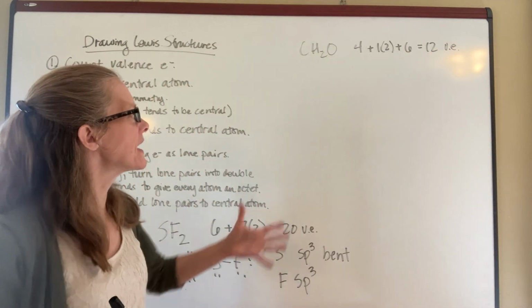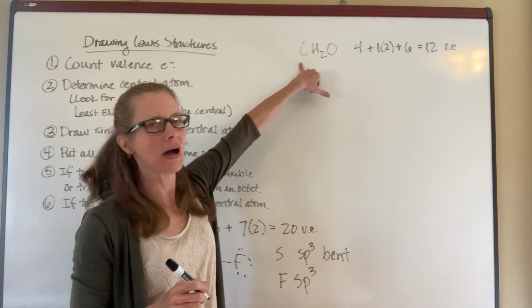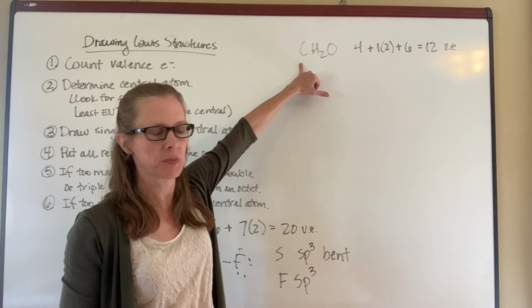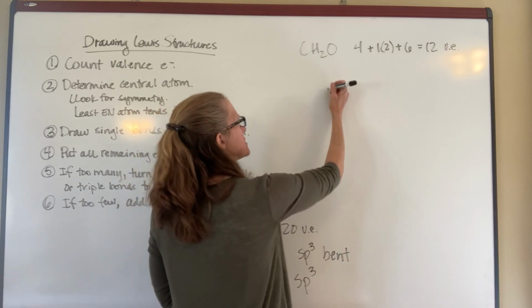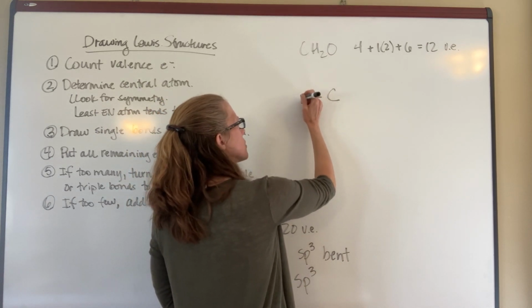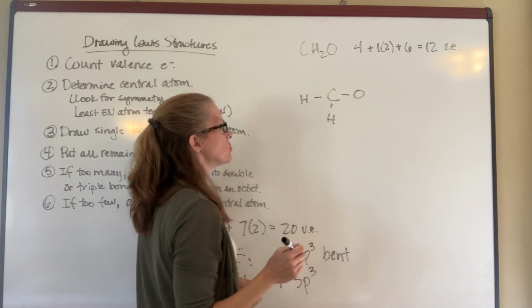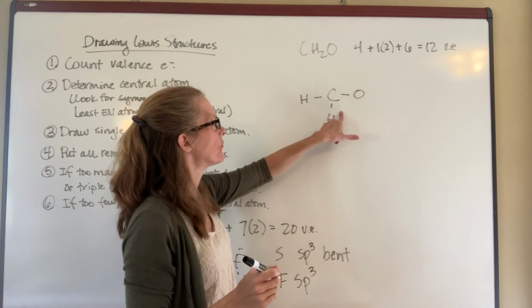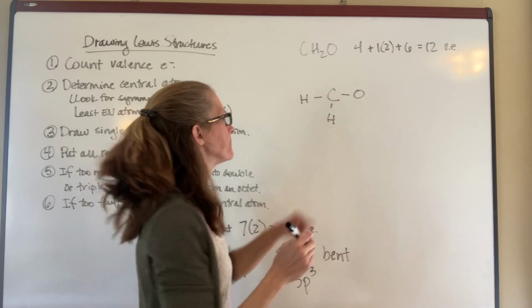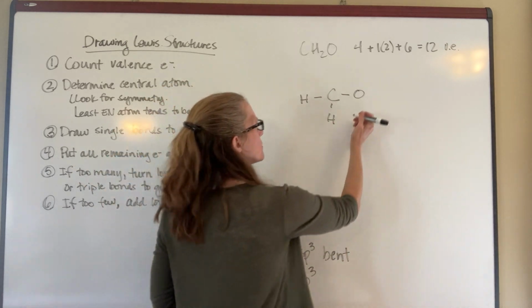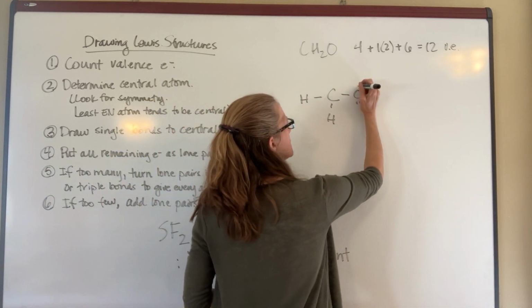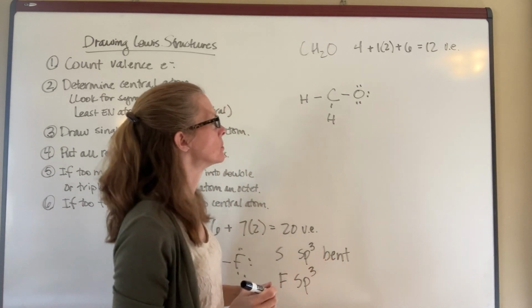Once again, if you've got a carbon, it's almost always going to be the central atom. So let's take the carbon, let's attach a hydrogen and an oxygen. So I've used 2, 4, 6, and then let's start filling in with lone pairs. 8, 10, 12. Uh-oh.